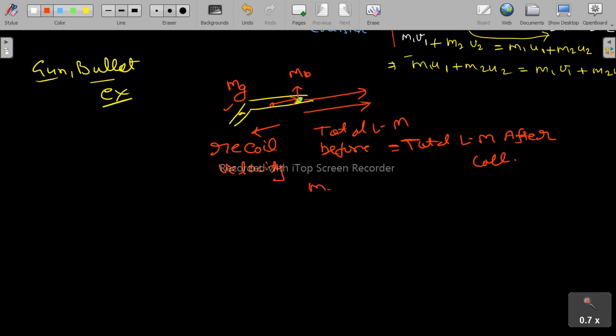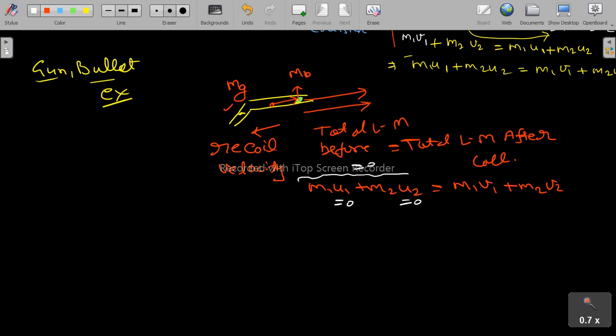Before collision it is m1 u1 plus m2 u2, and after it is m1 v1 plus m2 v2. Here, when the gun is not fired, gun and bullet were both at rest, so u1 is 0 and u2 is 0, and this whole term becomes 0.